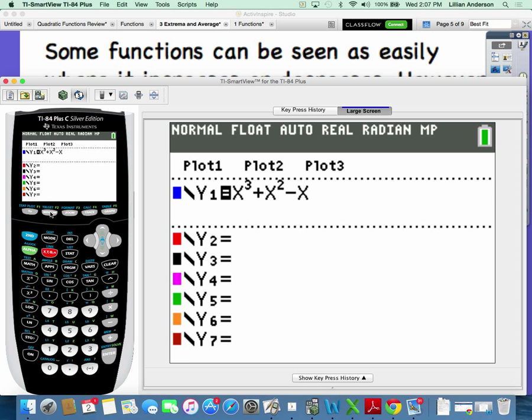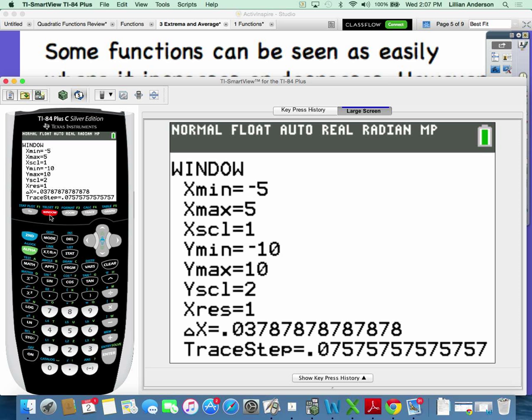Press the window button. Do I go negative 5 to 5 on my x-axis? Is my scale 1? What's my y's though? Negative 5 to 5, and my scale is 1.